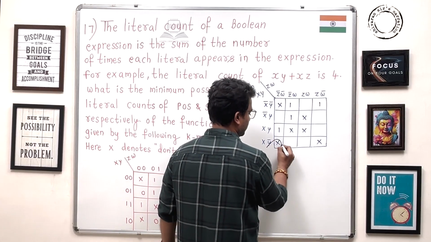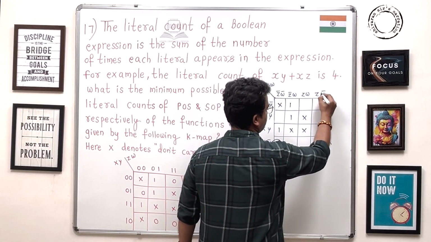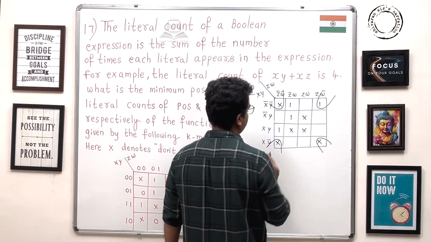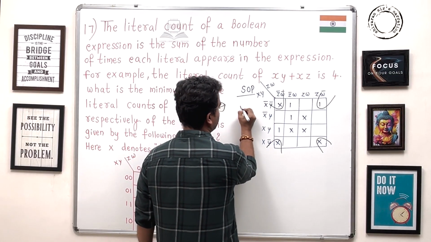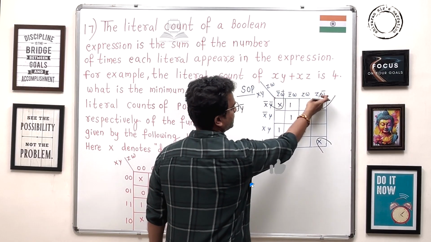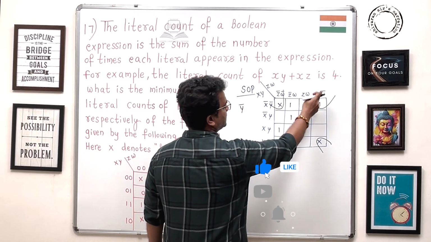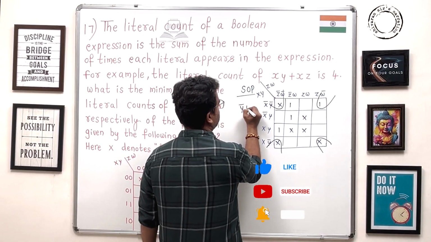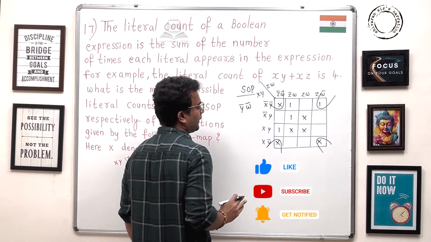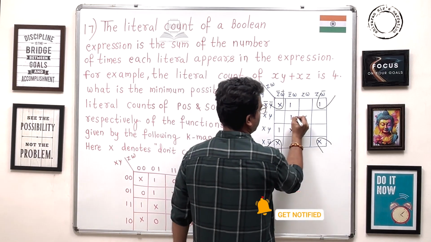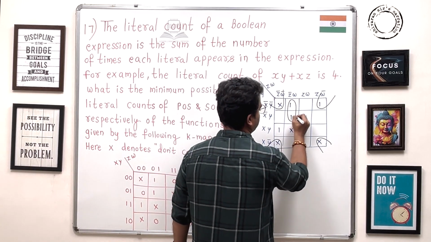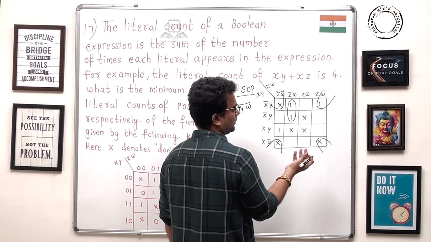Here, you can take one quad in this way. Therefore, x bar x gets cancelled, y bar, and these two. Z bar gets cancelled, w bar, y bar w bar. Similarly, here you can take one pair because you don't have any other option.